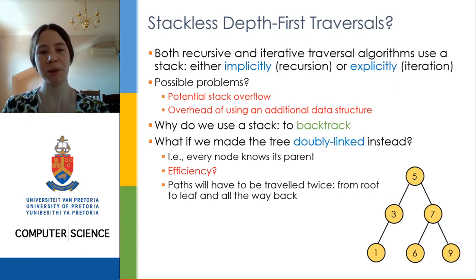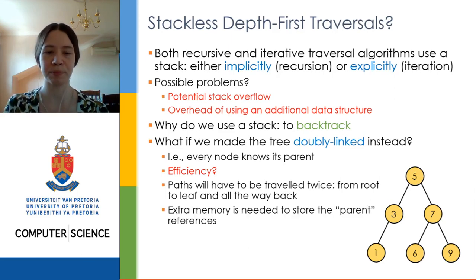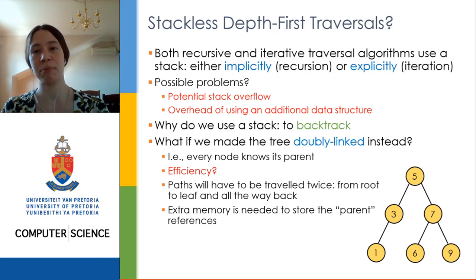And also, if we backtrack using the upward links, we will sort of be traveling down these paths twice, which might not necessarily be the most efficient way to travel. So it doesn't actually seem that simply making the tree doubly linked will solve our problems.